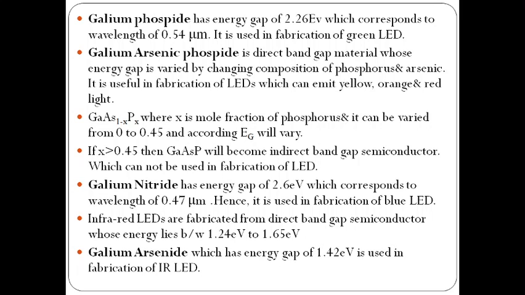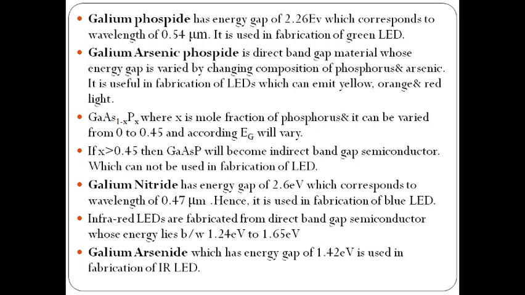Next, gallium nitride. It is also a direct band gap material. Here the energy gap of this material is 2.6 electron volt, which corresponds to a wavelength of 0.47 micrometer. Hence, it is used in the fabrication of blue LEDs.